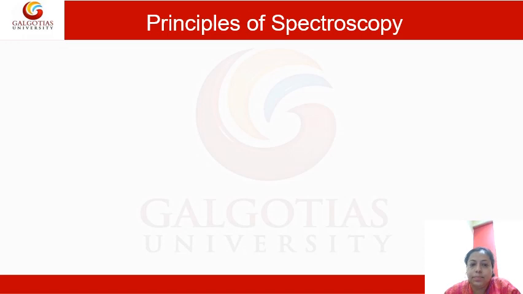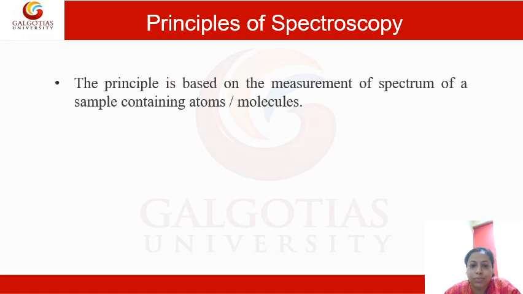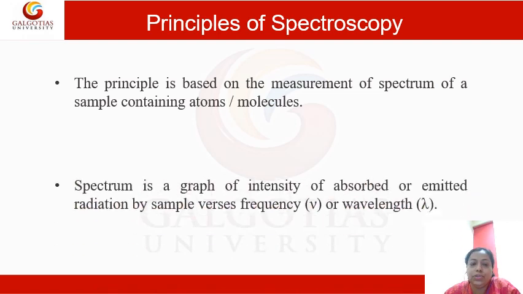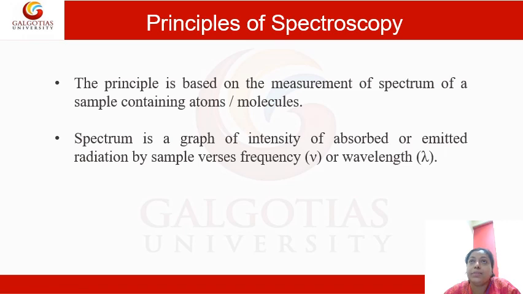Now, what are the basic principles of spectroscopy? The principle is based on the measurement of the spectrum of a sample which contains a specific number of atoms and molecules, and the spectrum is obtained as a graph of intensity of absorbed or emitted radiation by the sample versus frequency or wavelength.